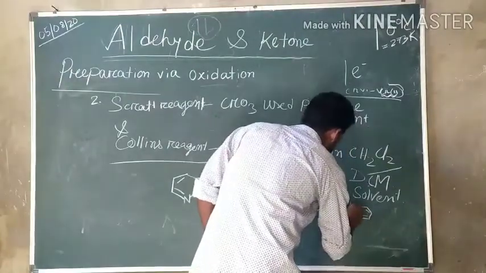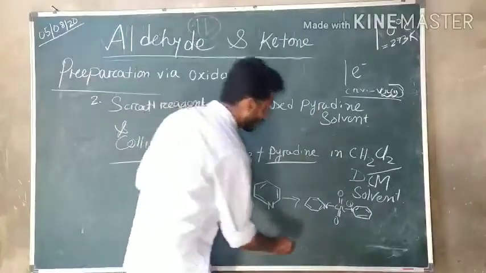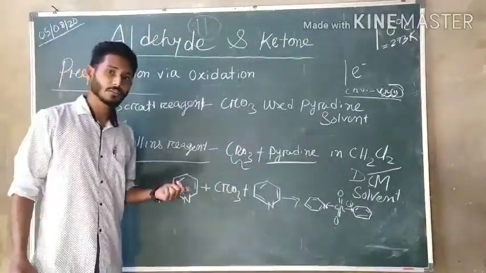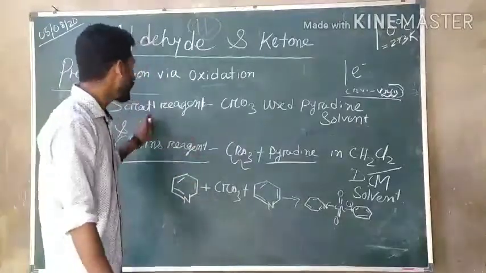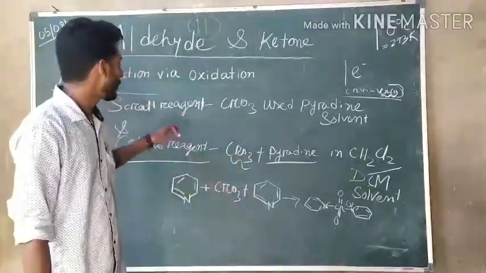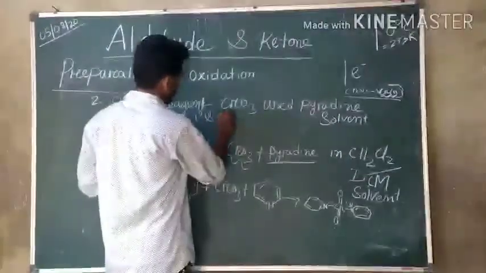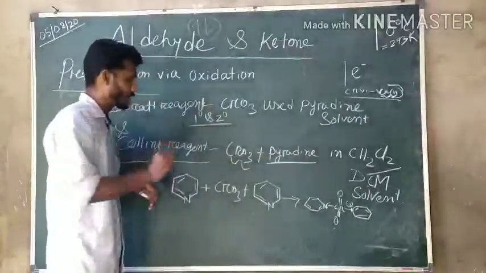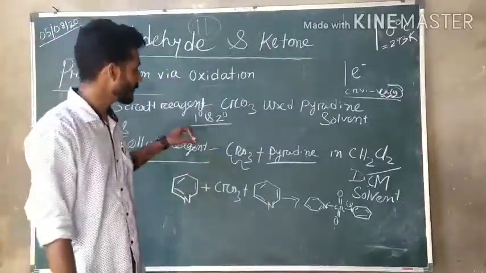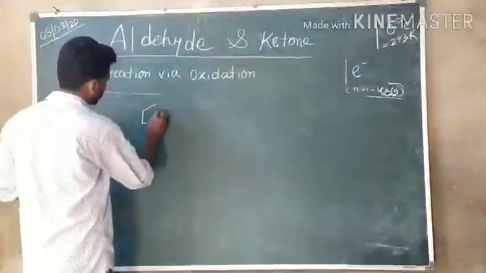This type of intermediate complex will be formed in Collins reagent during oxidation. Now as I have already mentioned, only primary and secondary alcohol will be converted into aldehyde and ketone. Okay, I am going to give you a specific example.